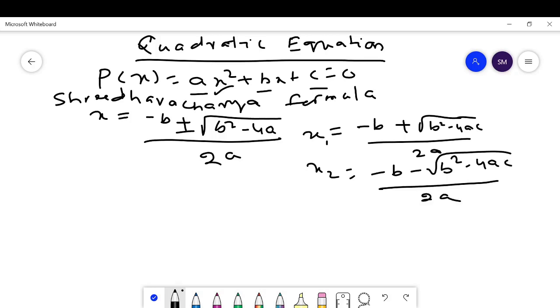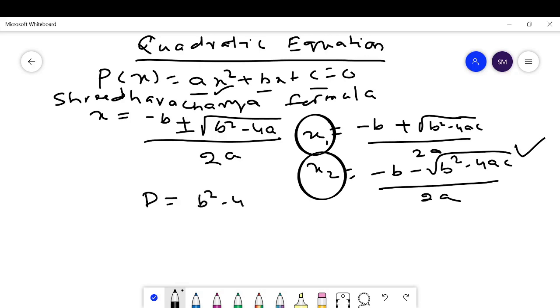Here in quadratic equations we get two roots, x1 and x2.